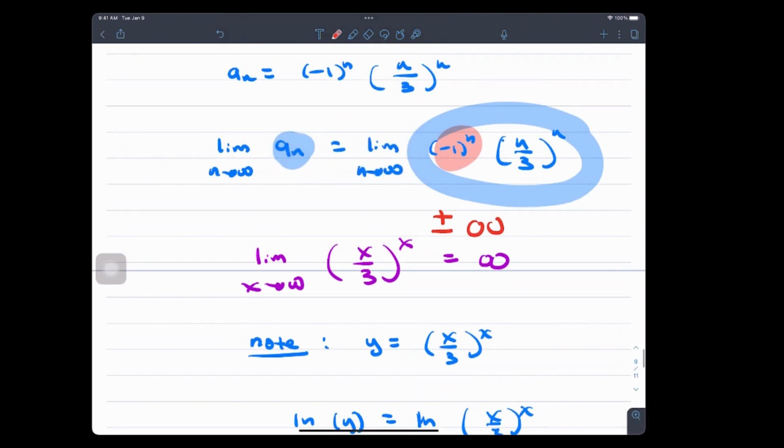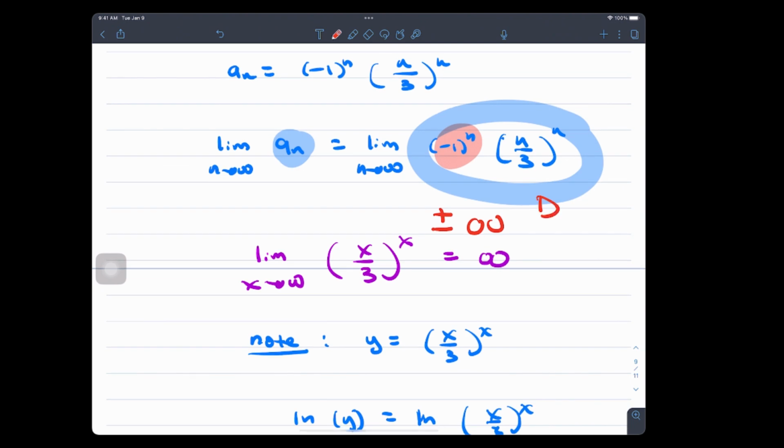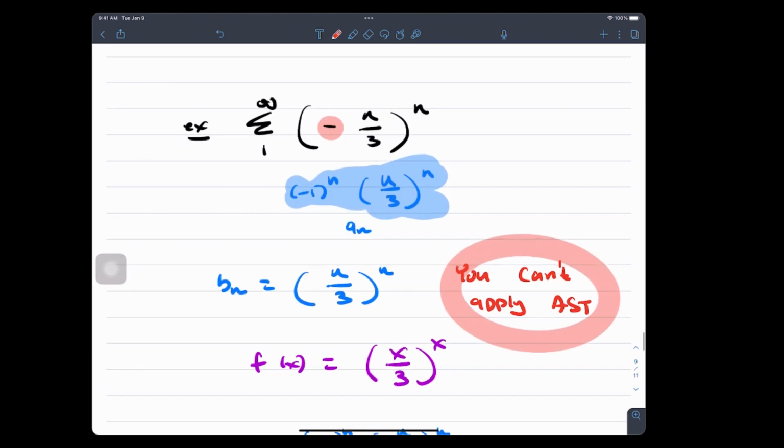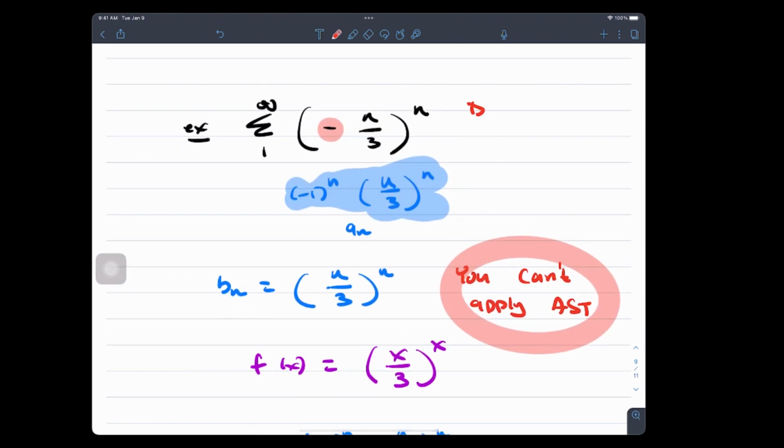Plus or minus infinity, which is another way of saying what? Does not exist. So that means this what? Diverges by the divergence test.